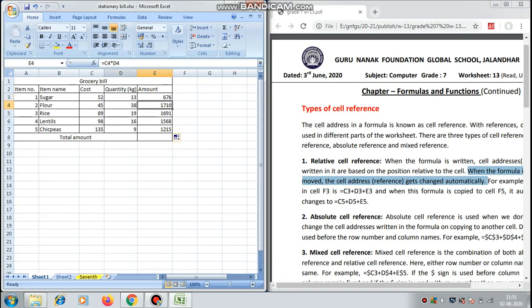If I click here, my formula is C4 multiplied D4. You can see in the formula bar. If I click on this cell, here the formula is equal to C5 multiplied D5. But I have not written this formula. It is copied automatically. This thing is called relative cell reference.